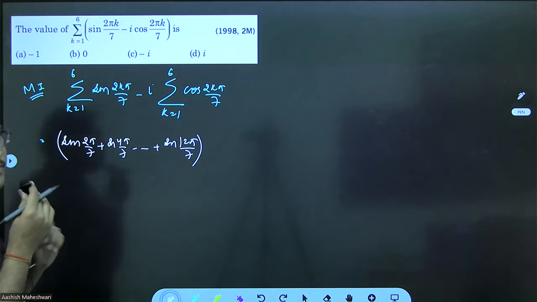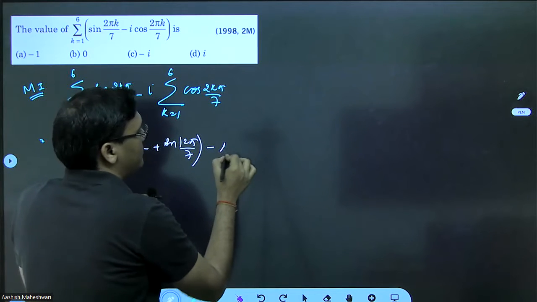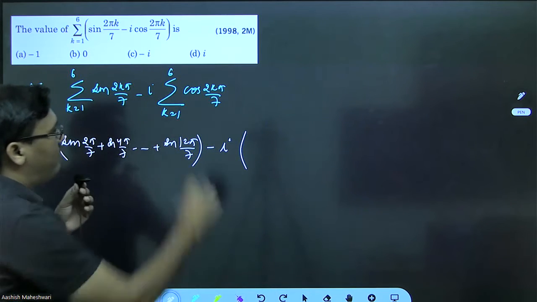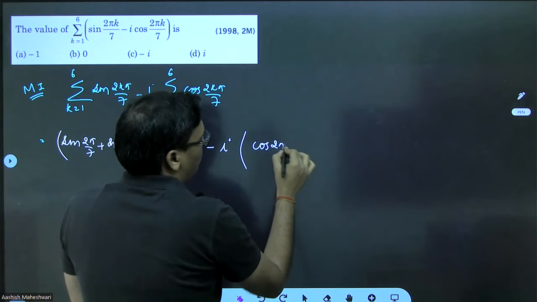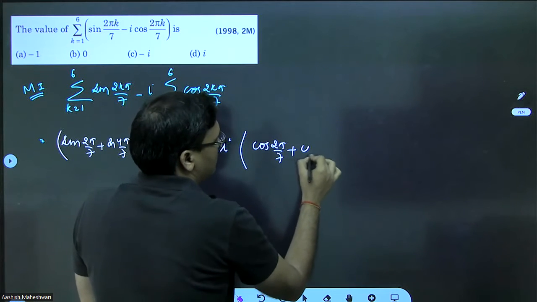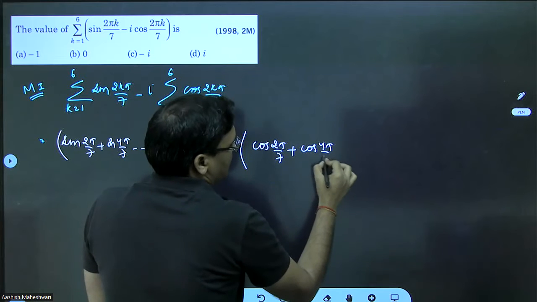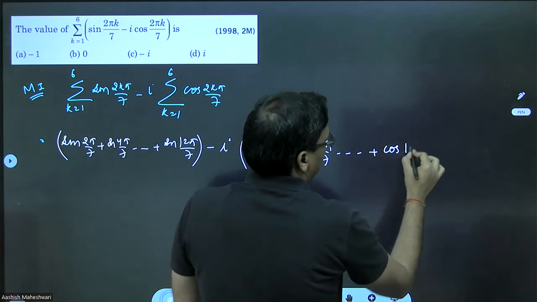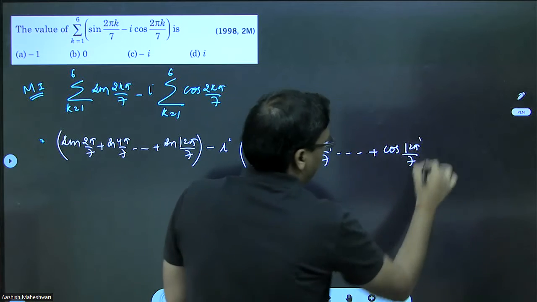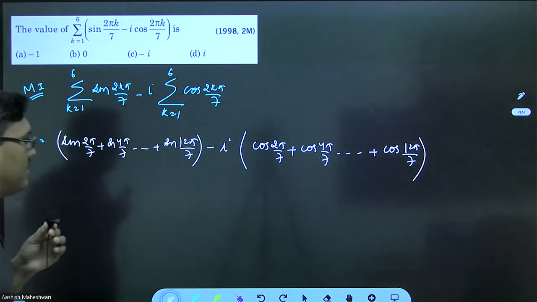Minus iota, if I put k equal to 1, this is cos 2 pi by 7 plus cos 4 pi by 7 and so on, plus cos 12 pi by 7. This is the expression we have, right?